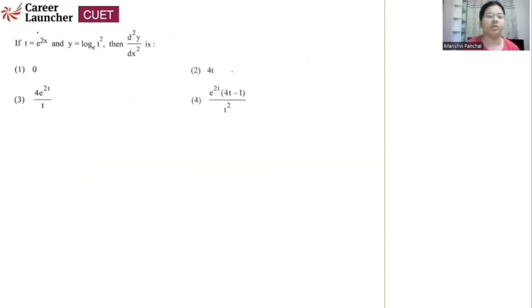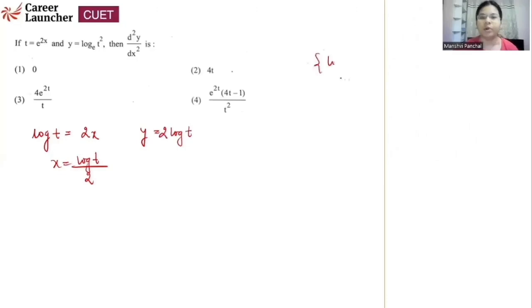If t is equal to e raised to the power 2x and y is equal to log t square, then d2y by dx2. So we have been given t, right? So first we will find x. Taking logarithm on both sides, log t will be 2x. It means x will be log t upon 2. And y has been given to you as log t square, so I can write it as 2 log t. Why?